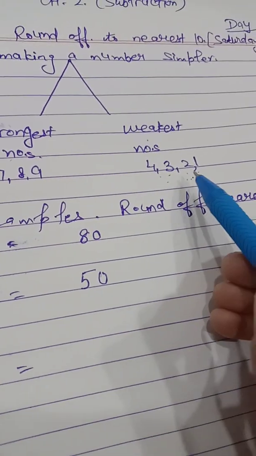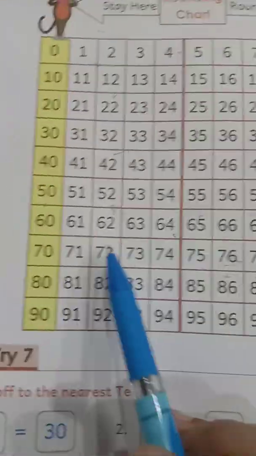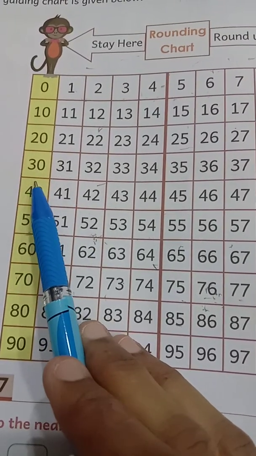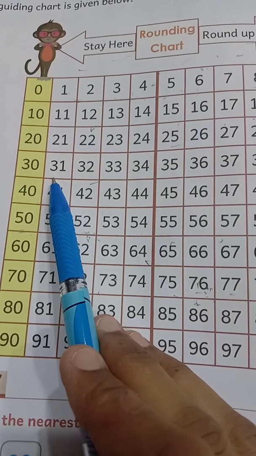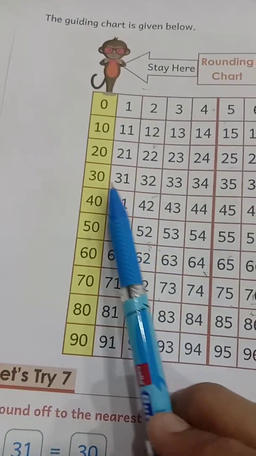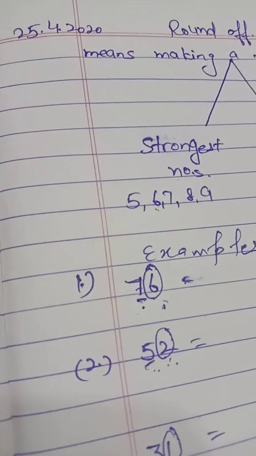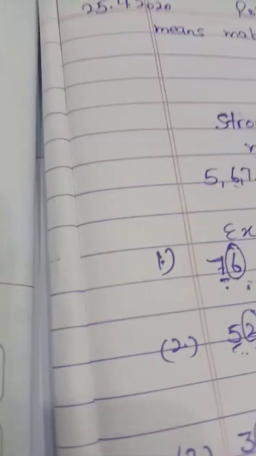If it is lying in the weakest numbers, then check also in the chart. Nearest 30. So if our number is a weakest number, then the tens place will be the same.